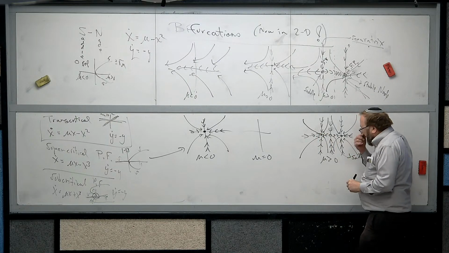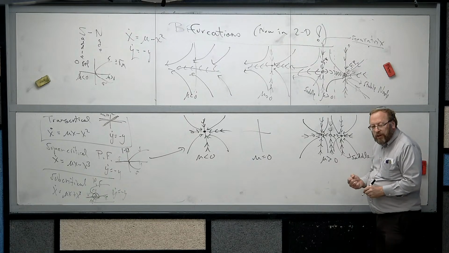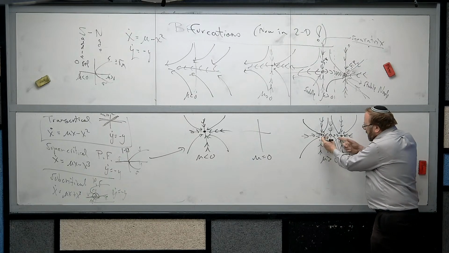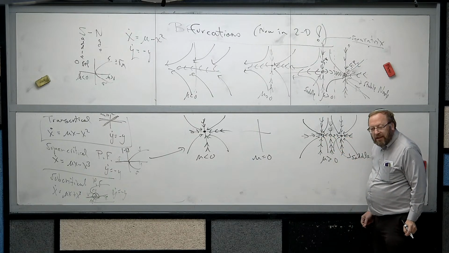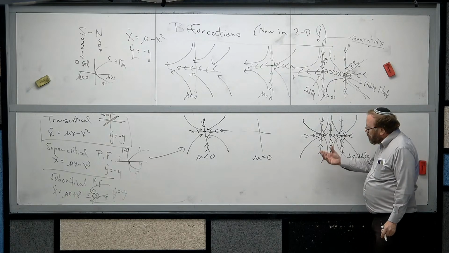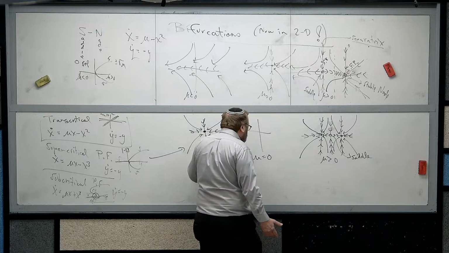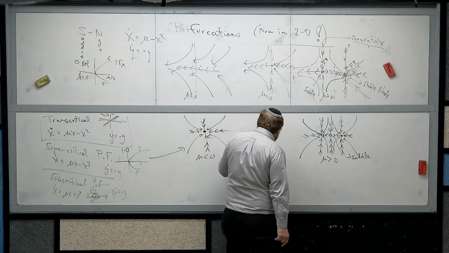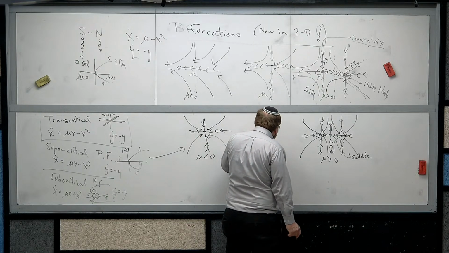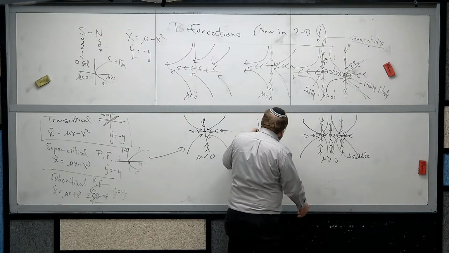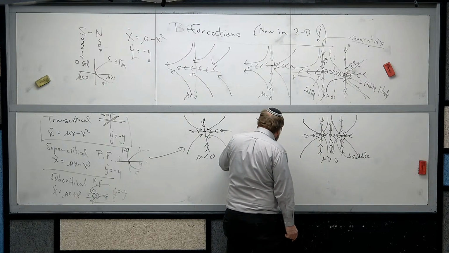All right, and now what happens when we take mu smaller and smaller? Again, the walls close in, right? And at mu equals 0, the gap disappears. And we have the fixed point here, and in fact, the flow is like this.